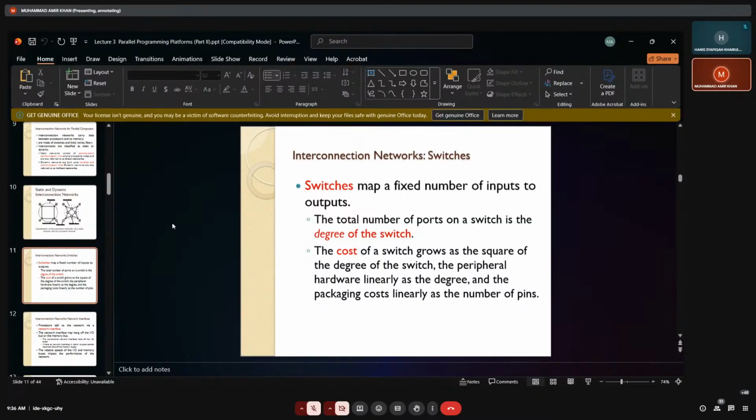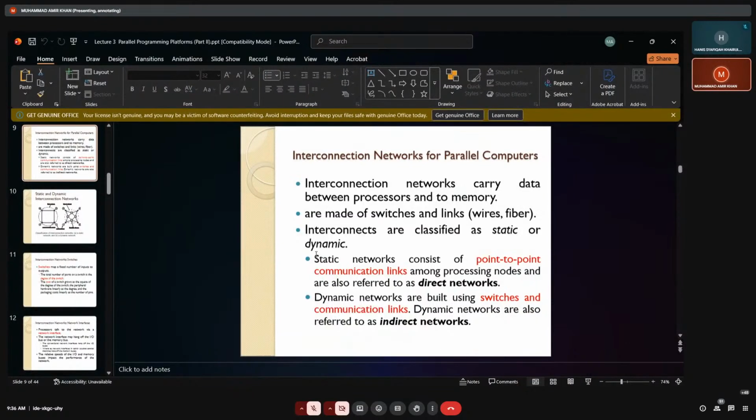So this is basically about the switches. Static networks we can call point-to-point or direct networks. But in dynamic networks we have switches and communication links, indirect links, so definitely it should be expensive, costly.